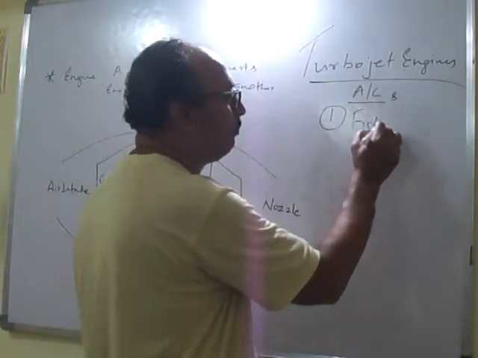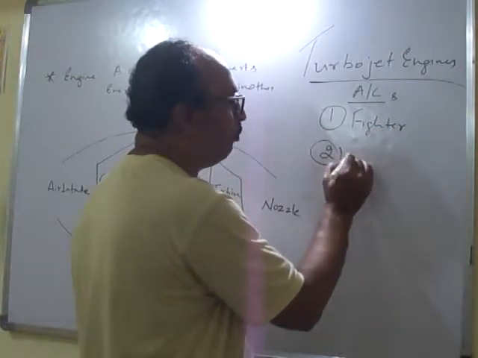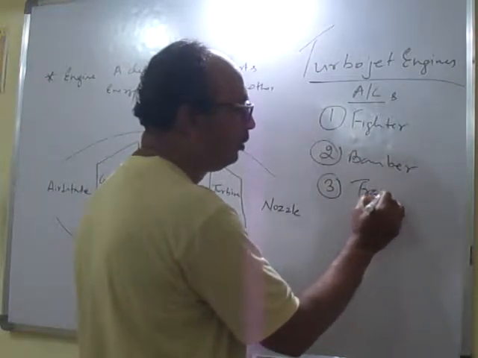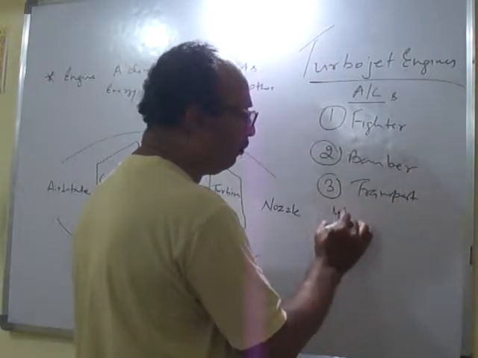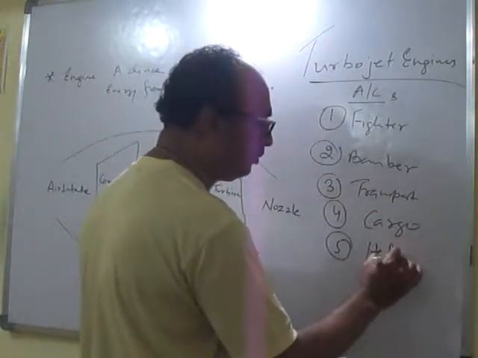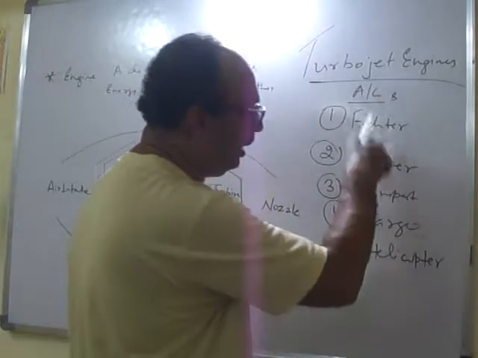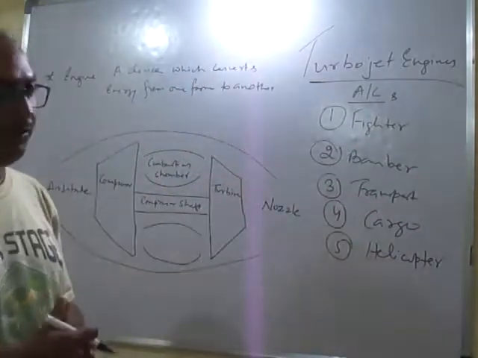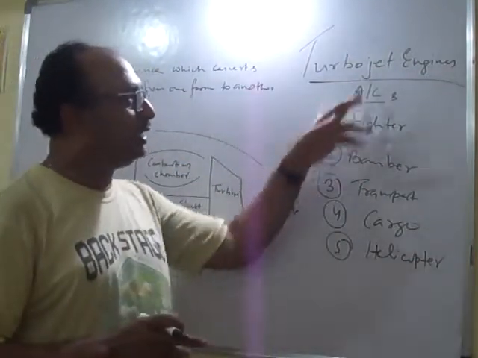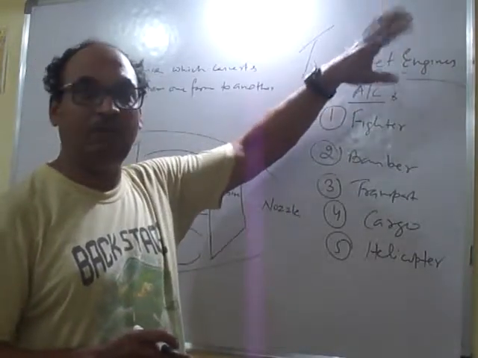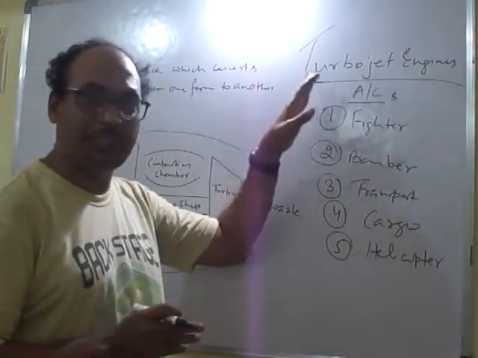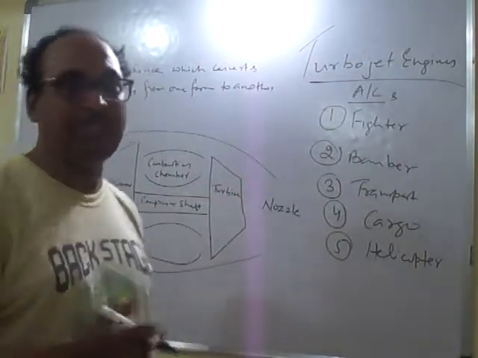The first one is fighter, the second is bomber, the third is transport, the fourth is cargo, the fifth is helicopter. In this way the aircraft are classified. Fighter aircraft are fitted with the turbojet engine compulsorily because turbojet engines can work beyond the speed of sound, even at supersonic speed, meaning more than the speed of sound.